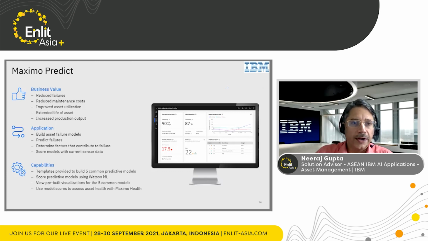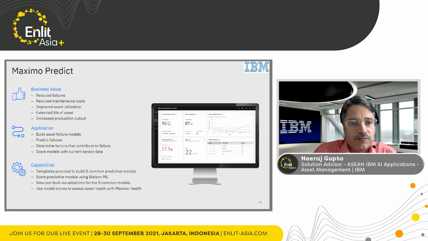Now coming to Predict. So Predict, as the name suggests, actually helps in reducing the failures, because we can avoid failures if we know in advance that this asset is going to fail, say in the next 2 weeks or next 4 weeks. And it helps us to extend the asset life, because random failures also deteriorate the overall asset life. So the application comes with some pre-built models.